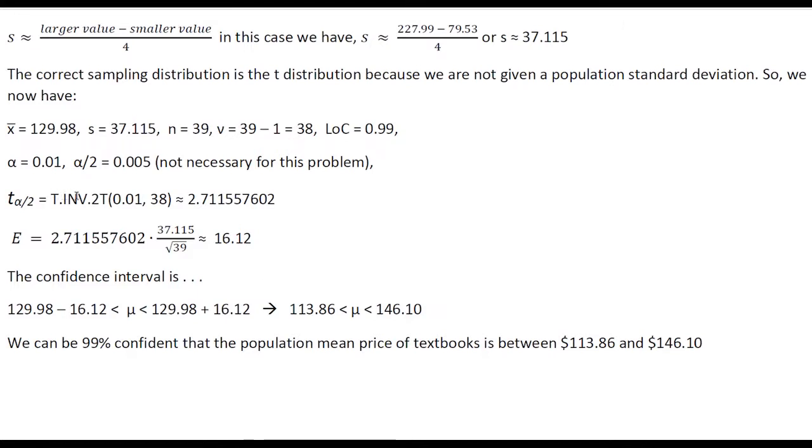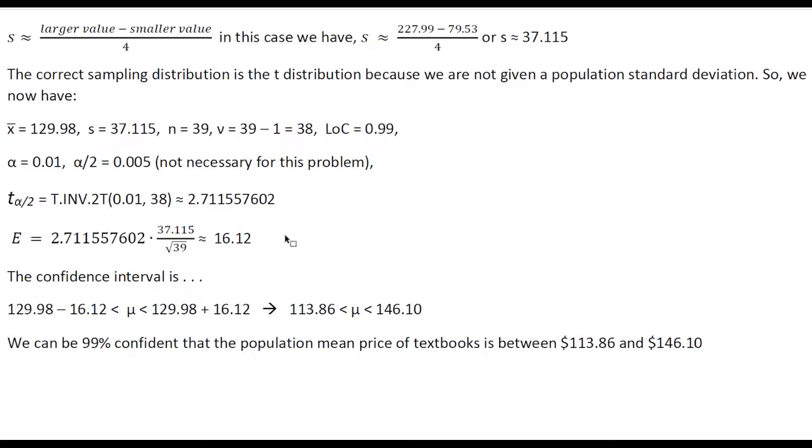So t sub alpha over 2 will equal t.inv.2t of 0.01 comma 38, and it's approximately 2.7115.